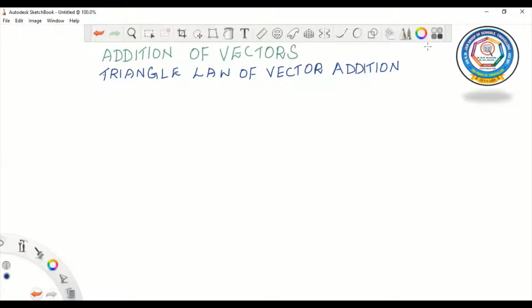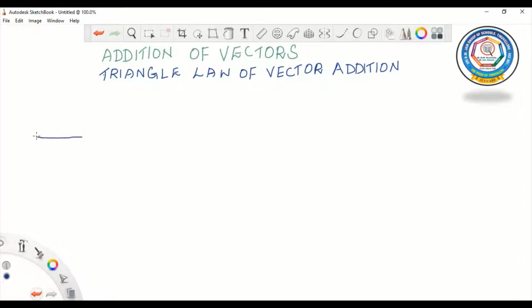According to this triangle law of vector addition, if two vectors can be represented both in magnitude and direction by the two sides of a triangle taken in the same order, then the resultant is represented completely both in magnitude and direction by the third side of the triangle taken in the reverse order.